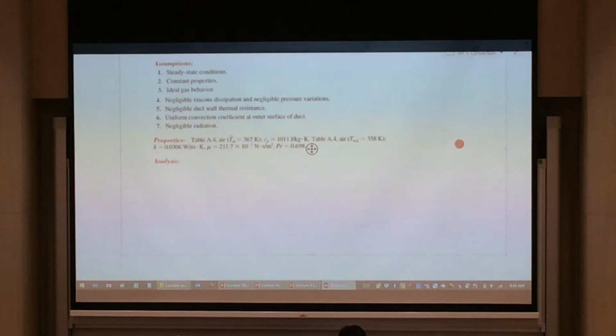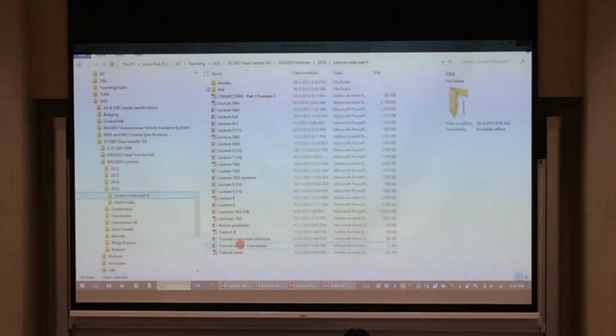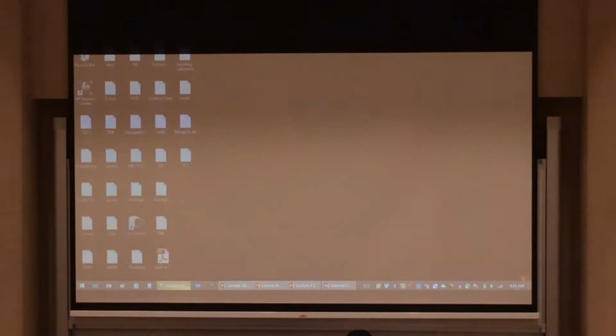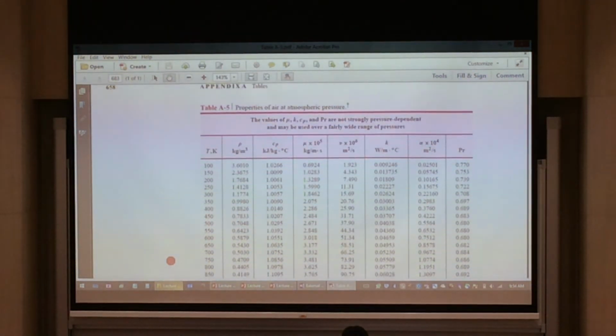And it also refers to a table. So this table is for the textbook that we are using, Coleman. So Coleman is A-5. So if I look up A-5, I'm going to bring it up. A-5, is it here? So these are your properties of air.